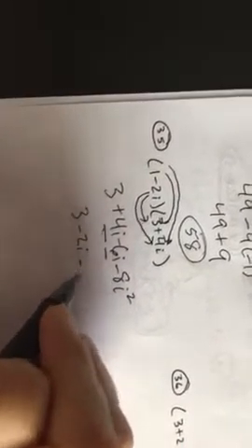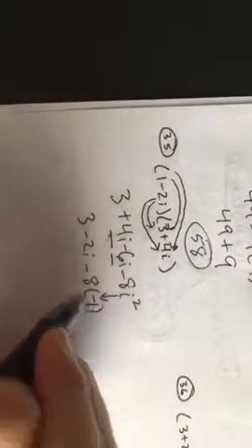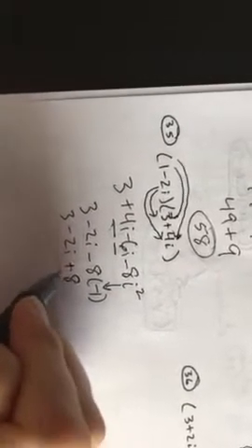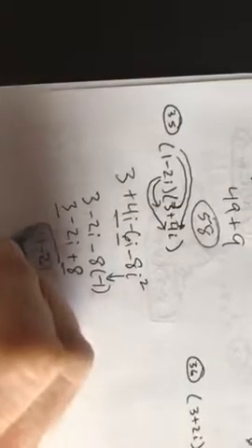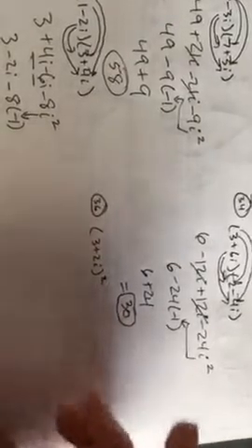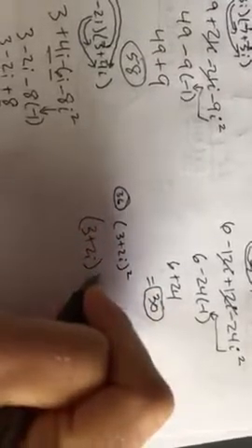You're going to have 3 minus 2i minus 8 times i squared, which is a -1. All right, so you're going to have 3 minus 2i plus 8. 3 plus 8 is 11. 11 minus 2i. I think you're going to have 2 where you can add them and subtract them, and then 2 like we're doing here on 33 through 36 where foiling techniques are useful.